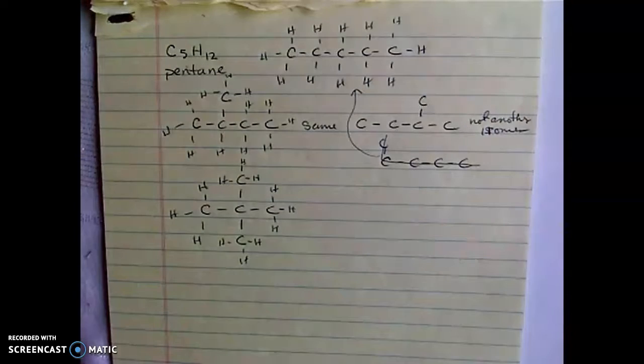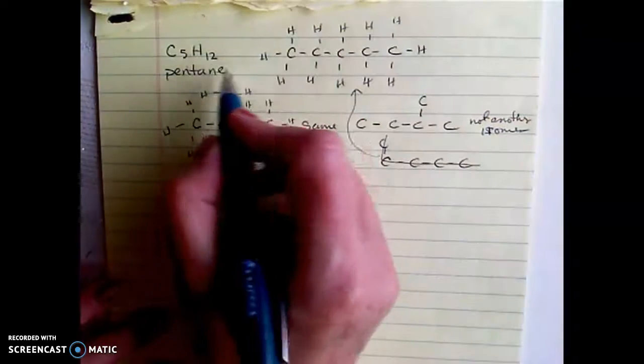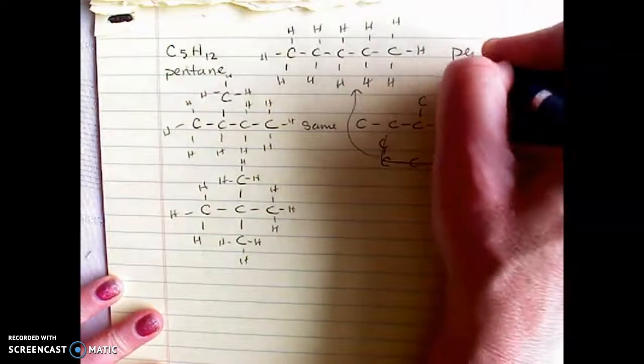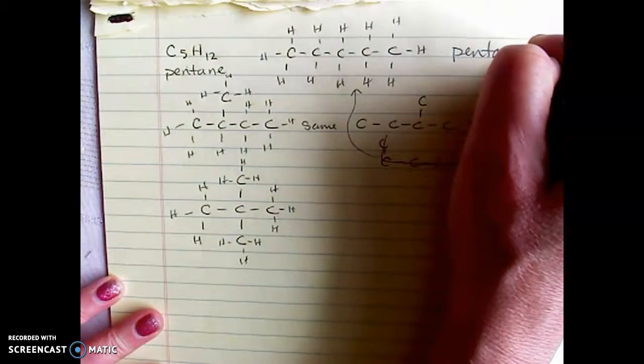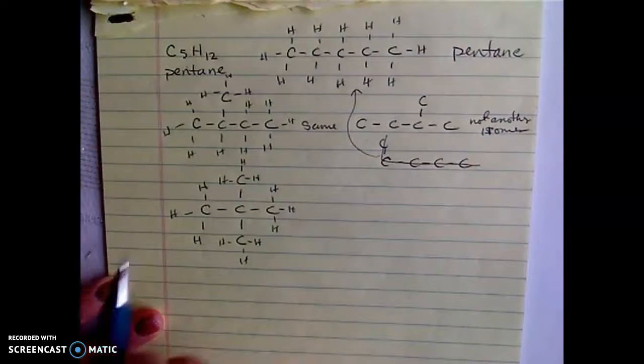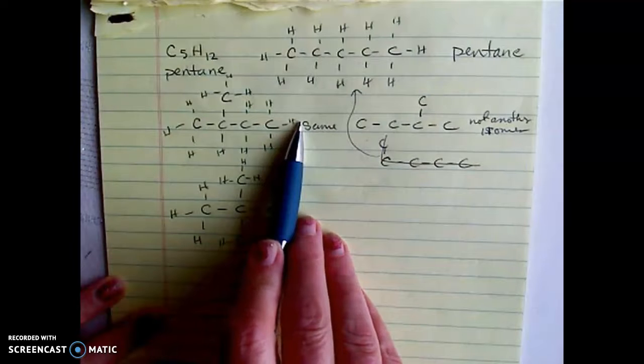You'll be able to tell that this isn't really different than this if you are following the naming rules. So if we go through how do you know they're different, I'm going to just do a real quick one, and then we'll go through the rules in our next recording. But this is actually the one that is called pentane because you have 5 in a row. This one is no longer called pentane.